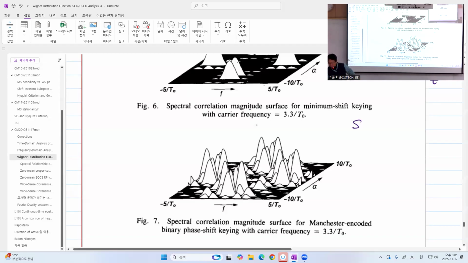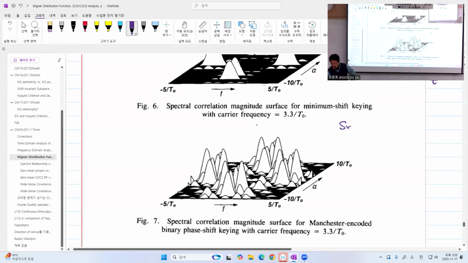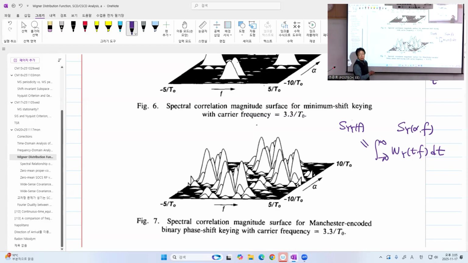By the way, what is the relation between the power spectral density of Y and this spectral correlation? Anybody? So we already know that if we integrate the Wigner distribution of Y, then we get our power spectrum.